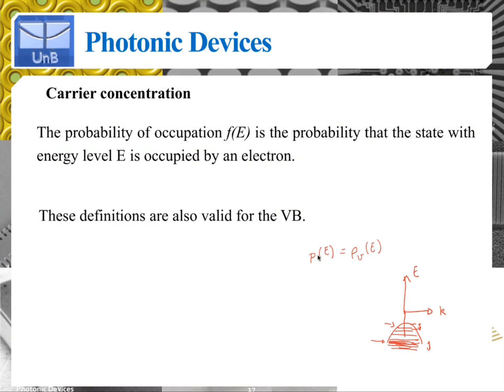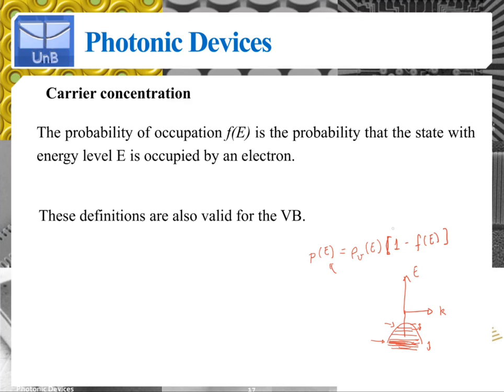Going back to the hole density, it is going to be the density of states in the valence band multiplied by the probability of occupation by holes, which is, as we'll see, 1 minus the probability of occupation by electrons, f of E. Let's do the square brackets here.